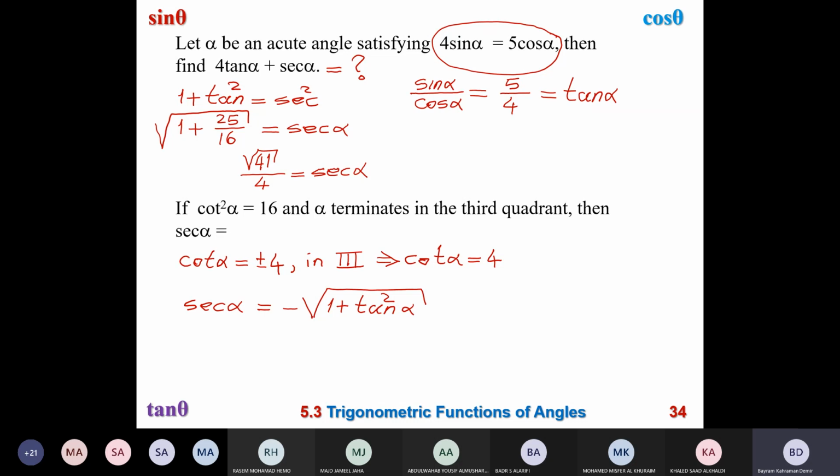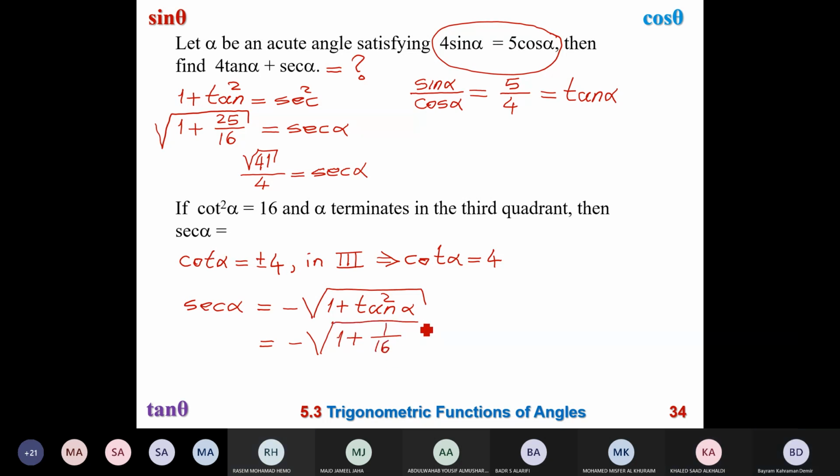Do I know tangent, by the way? No, but you have cotangent, which is the reciprocal of tangent. I know the cotangent, so tangent is 1 over 4. Yes, it's correct. Okay, great. So it is negative root of 1 plus, what is 1 over 4 squared? 1 over 16.